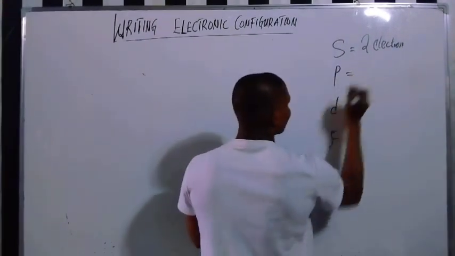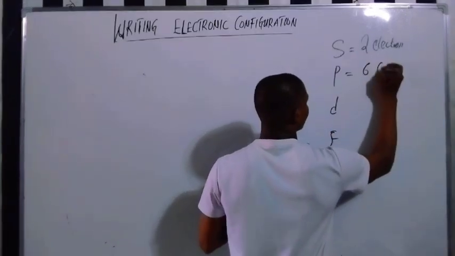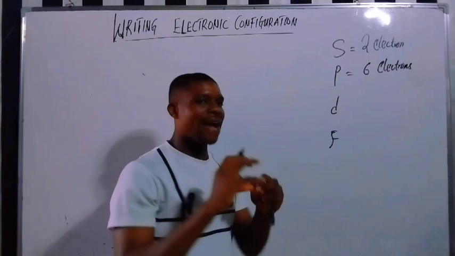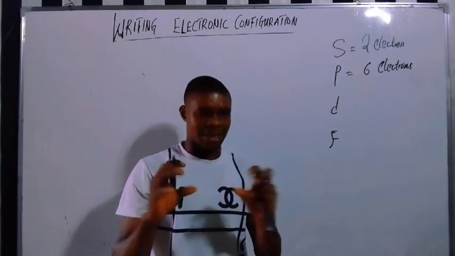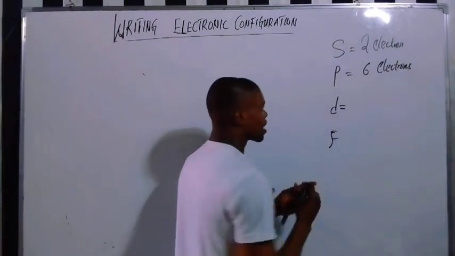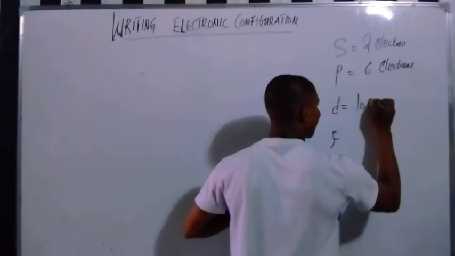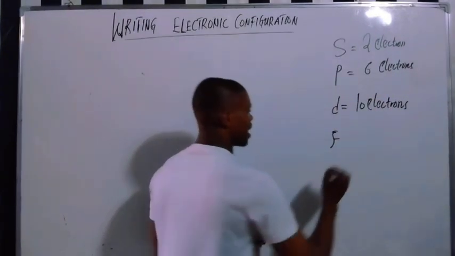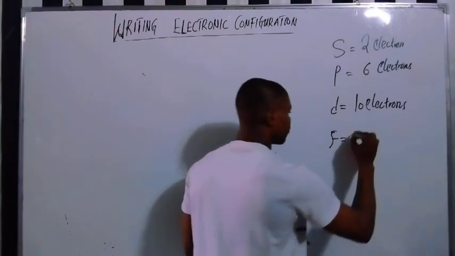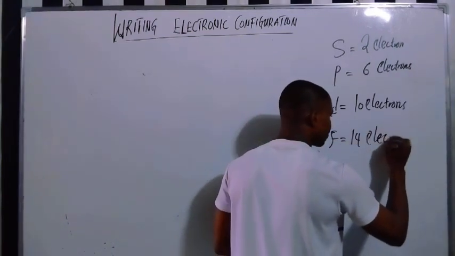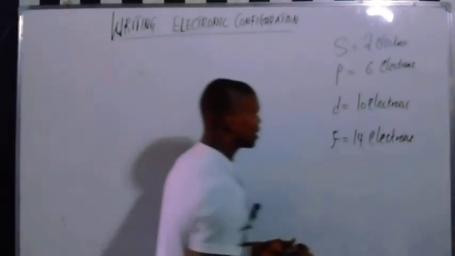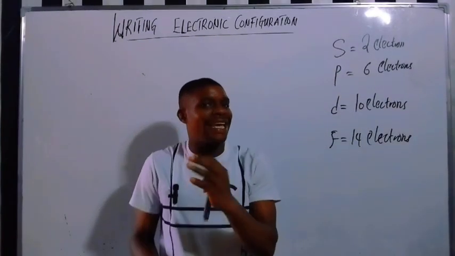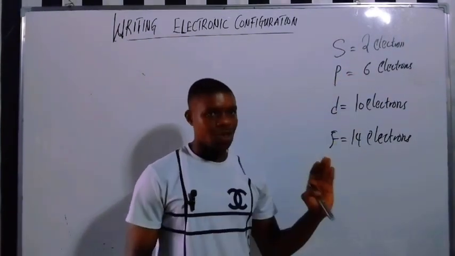The p can only accommodate 6 electrons, and it has 3 suborbitals. The d can accommodate 10 electrons. And the f can accommodate 14 electrons. Very important. Before you can write any electronic configuration, you have to know all these.